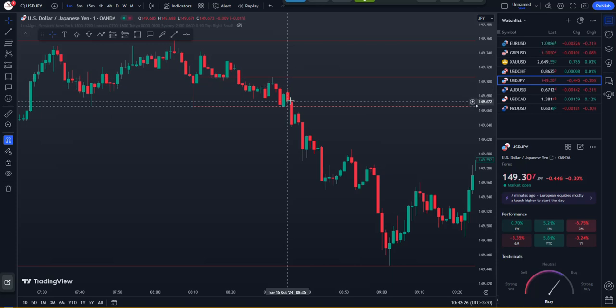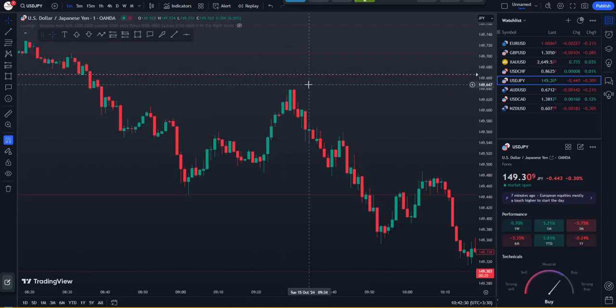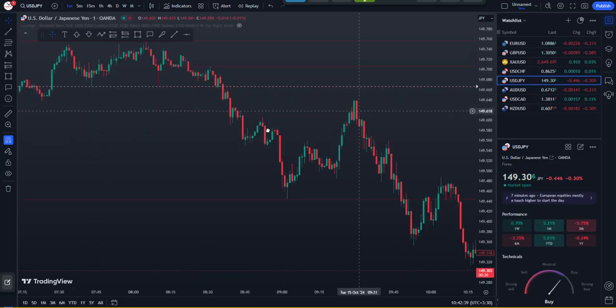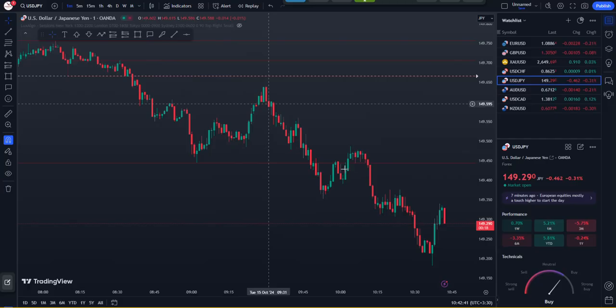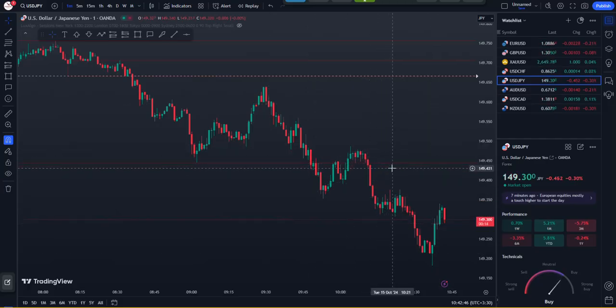You can see maybe this one worked, or this one worked, and this is an interesting area. If the price is going to there, we can short here actually.